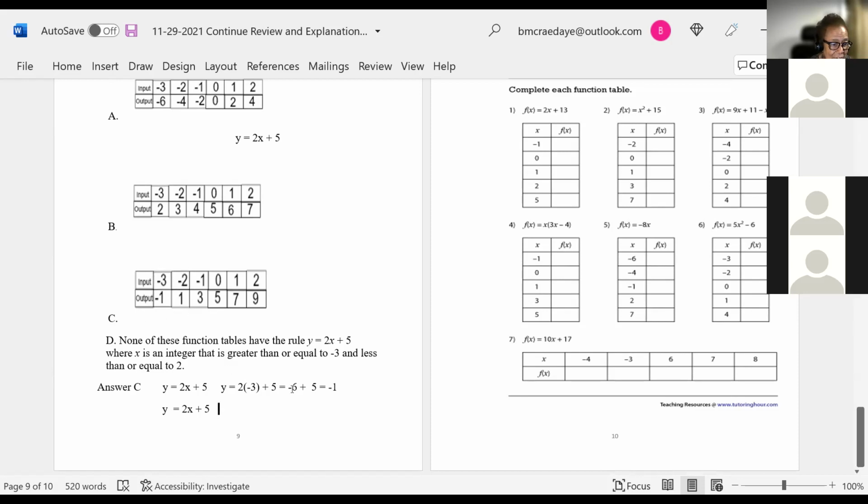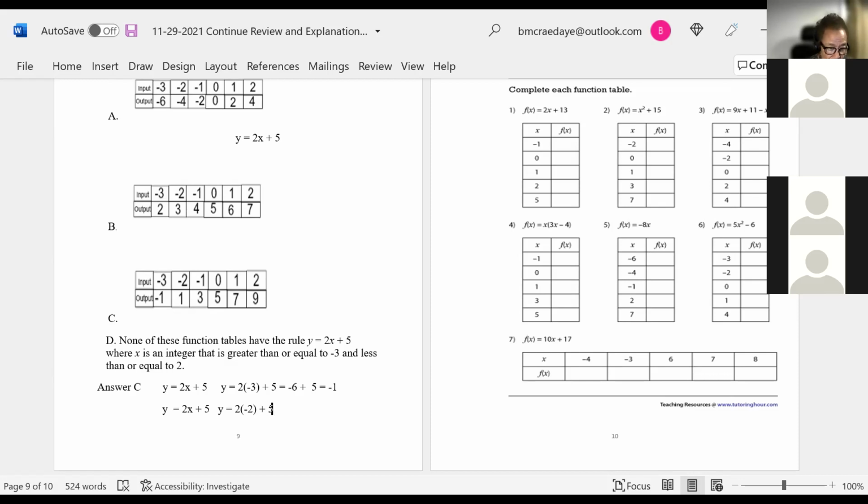We did the minus 3 and we got a minus 1 for the output that matches the table. Now let's take the next x value, which is minus 2. So this will be Y equals 2 times a minus 2 plus 5.